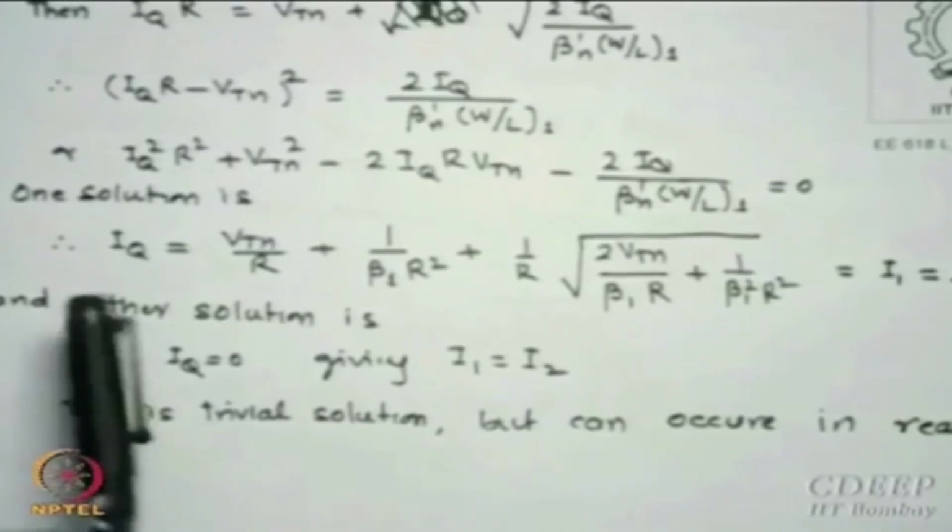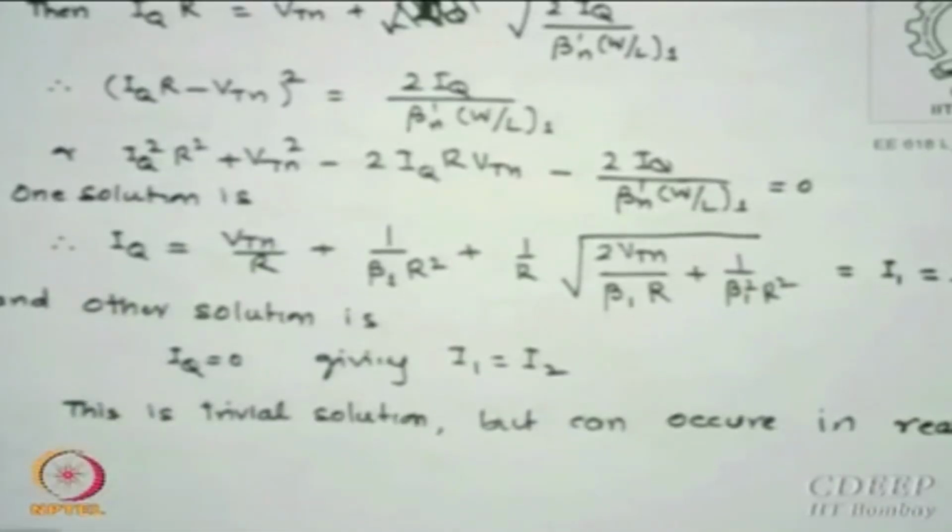So the solution is minus b plus or minus the square root of b square minus 4ac by 2a, same solution. Okay, this solution came: 1 of Vtn by R, 1 upon beta 1 R square plus 1 upon R under root of 2 Vtn beta 1 R plus 1 upon beta 1 square R square. But the other solution also existed for this. What is that solution?